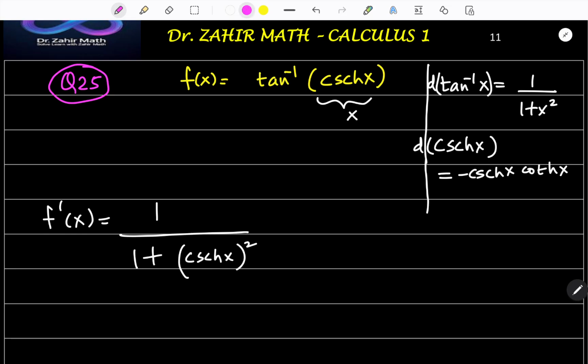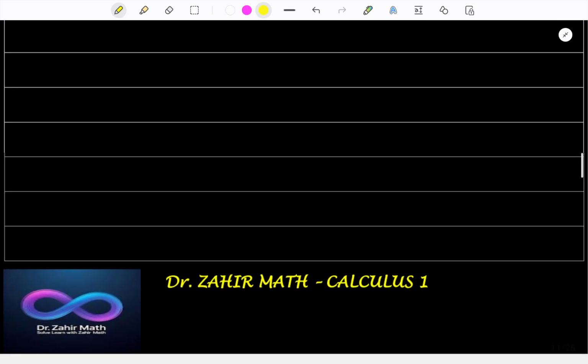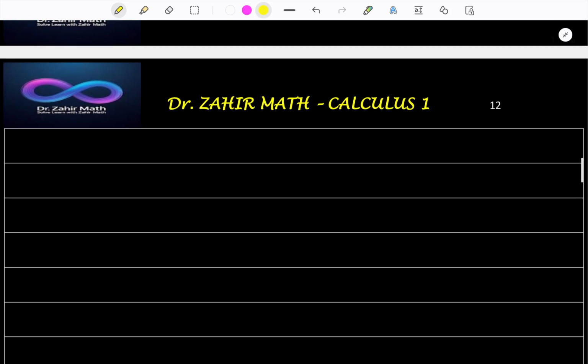But then after that you have to take the cosecant hx derivative. What is the cosecant hx derivative? It is minus cosecant hx cot hx. That's it. Very simple. Okay. Right. Let's go to the next exercise, which is 8.4.